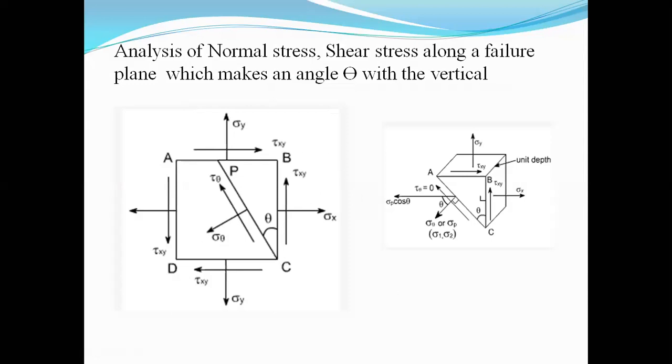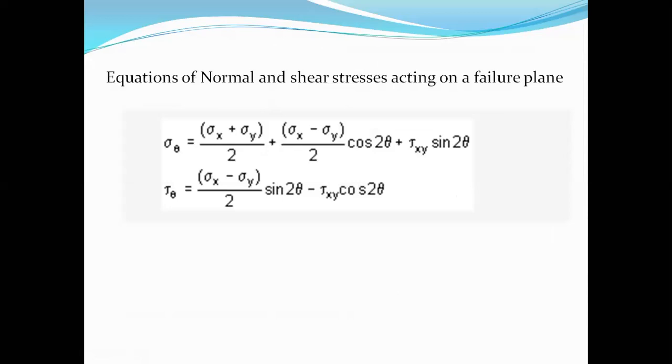So the equations of normal stress and shear stress acting along the failure plane.